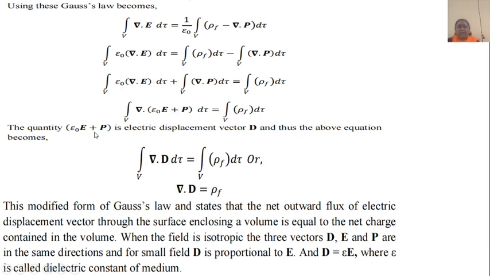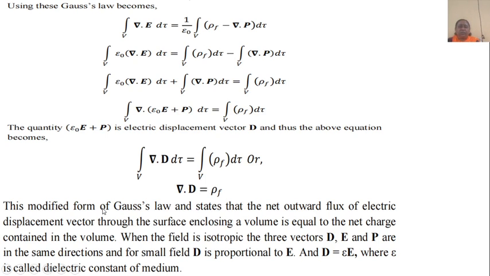The quantity epsilon 0 E plus P is the electric displacement vector D, and the above equation becomes integral over volume V del dot D d tau equal to integral over V rho F d tau, or del dot D equal to rho F.